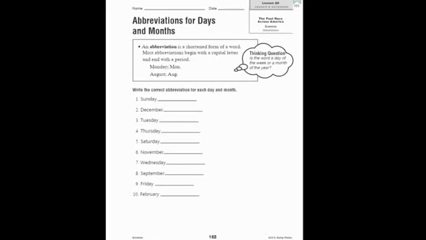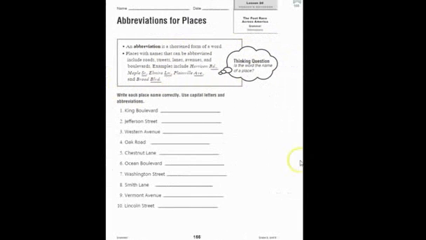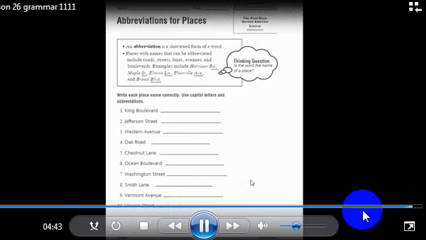Okay, so on page 165, you're abbreviating days and months. Examples and your thinking question are here for you. And then on page 166, you are doing abbreviation for places. Examples and thinking question is right here for you to do all of these abbreviations on each page. All right, have your learning adult check your work on these just to make sure that you are on the right track.